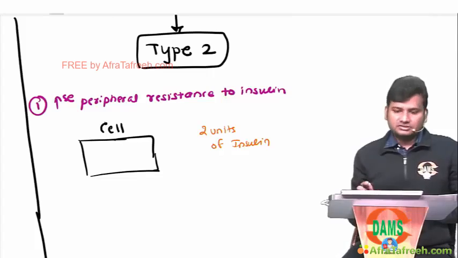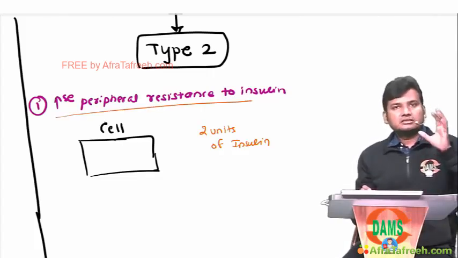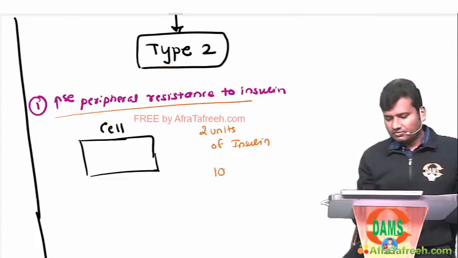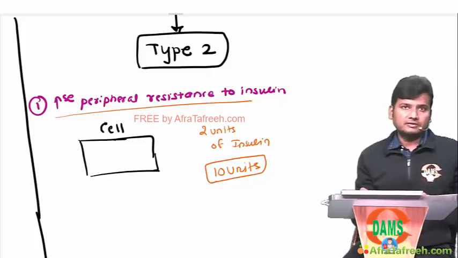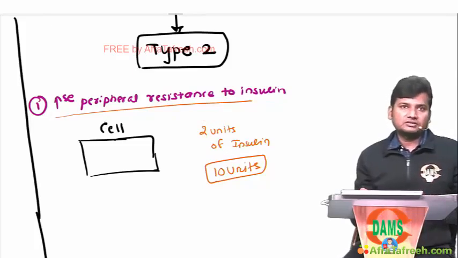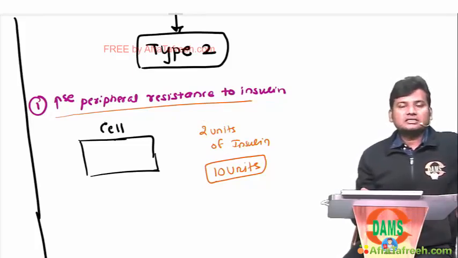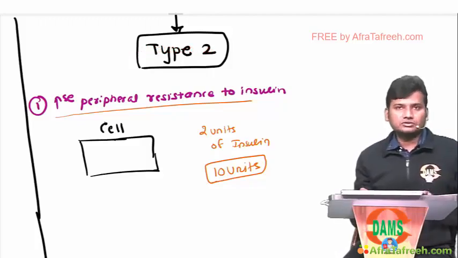Now when I am saying there is increased peripheral resistance, it means the same cell is now demanding 10 units of insulin to perform the same action, the same function. So I can say there is increased resistance to insulin or decreased sensitivity to insulin.